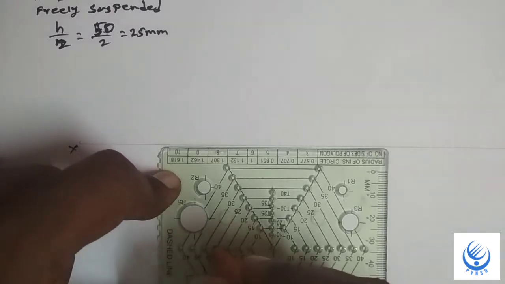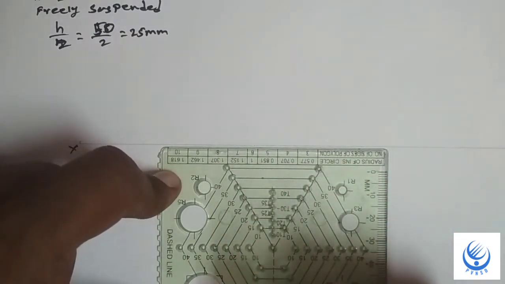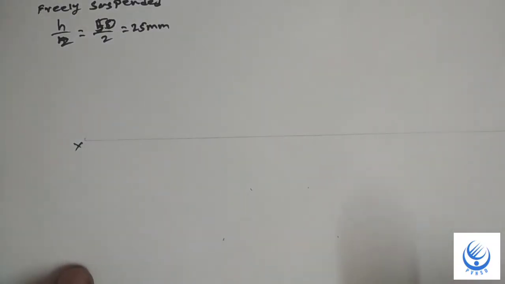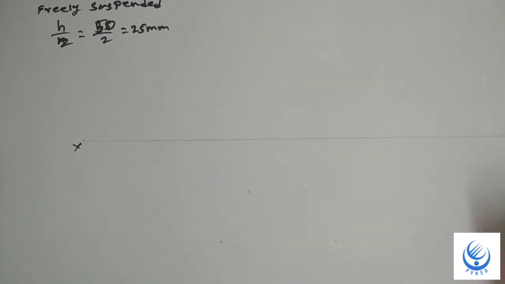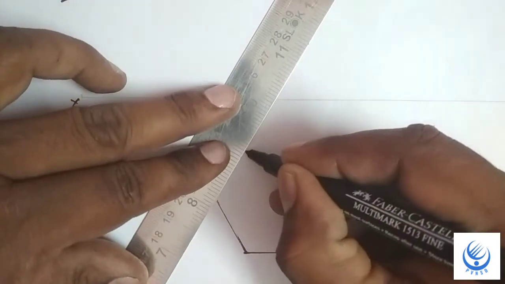So mark the 25 mm distance. Join the points and you will get the hexagon. That is the corner position.